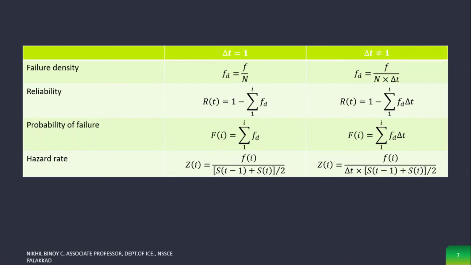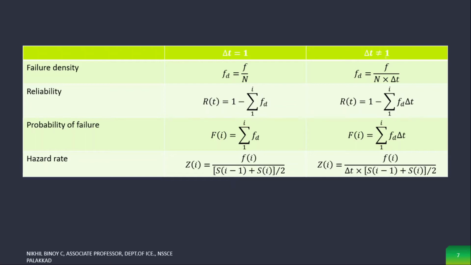If Δt equal to 1, then failure density is fd equal to f by N, reliability is R(t) is equal to 1 minus sigma 1 to i fd, probability of failure is P(F(i)), please note P(F(i)) is equal to sigma 1 to i fd, hazard rate z(i) is equal to f(i) divided by [(S(i−1) + S(i))/2], where S(i−1) is the number of survivals after the (i−1)th interval, and S(i) is the number of survivals after i.